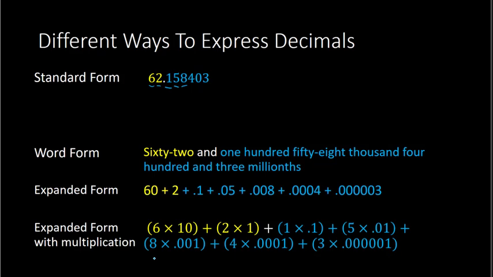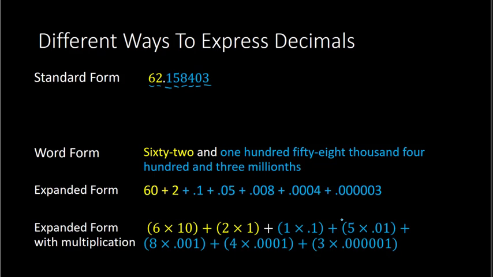So we have 8 times 1/1000th, or 0.001. 4 is in the 10,000ths place. So we have 4 times 1/10,000th, or 0.0001. And then there's 0 100,000ths, so no need to write that. And then we have 3 millionths. So we take 3 times 1/1,000,000th. So this would be expanded form with multiplication.